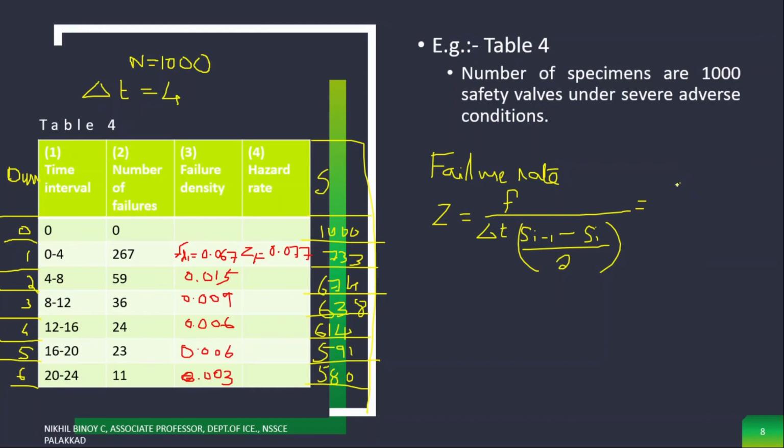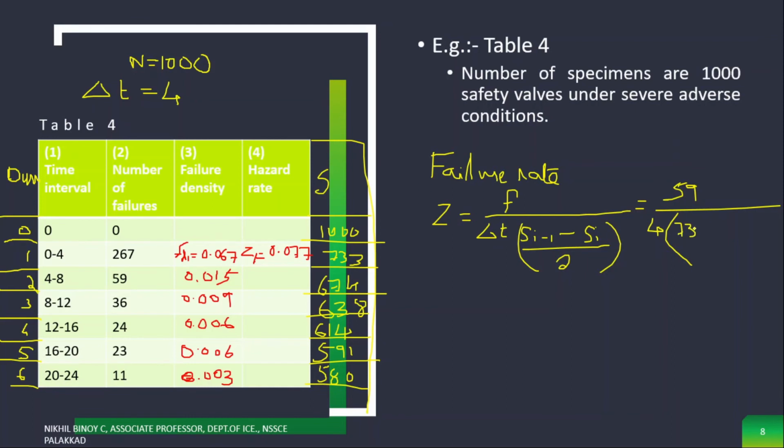So 59 divided by, now delta T is 4 into, now Si minus 1. What is the number of survival before this second duration? Before the second duration, number of survival is 733. 733 components are survived after the first duration or before the second duration. So that is Si minus 1.